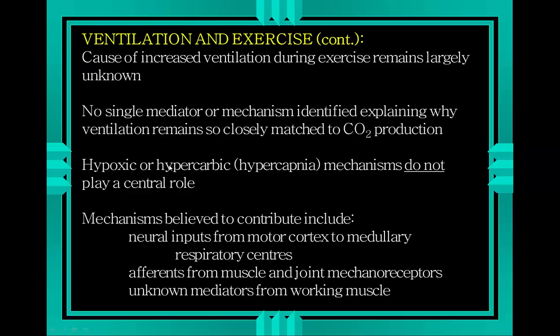So if it's not hypoxia or hypercapnia, what is it? Well, we think it might be neural inputs from the motor cortex to the respiratory centers. It may be afferent neural activity from muscles and joints, so proprioceptive activity, or it might be other mediators that we don't really fully understand.